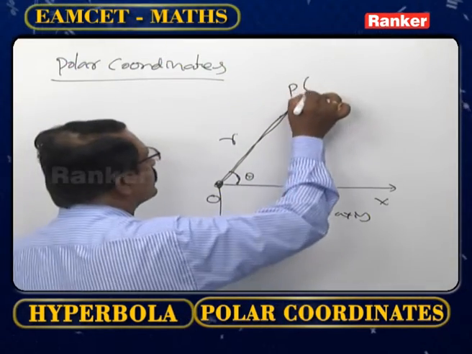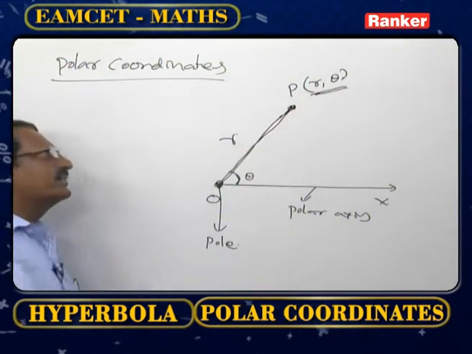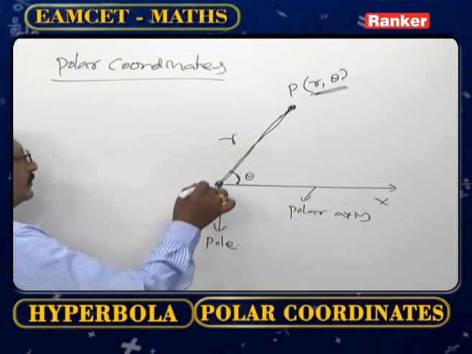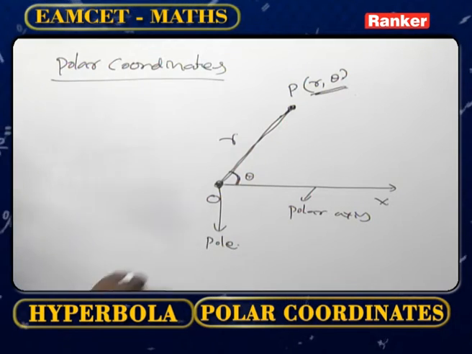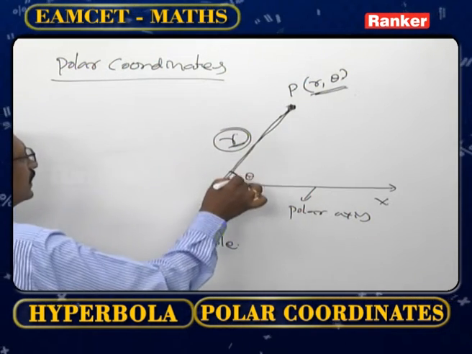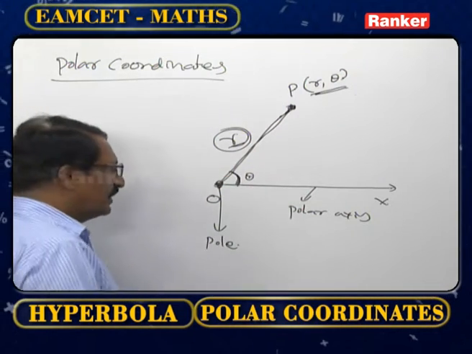Then the polar coordinates of the point P are (r, theta). Here r is called the radius vector of the point P and theta is called the vectorial angle of the point P.